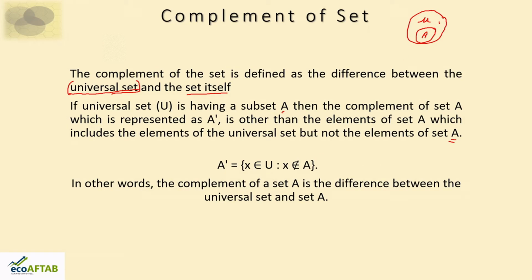It belongs to U, but it does not belong to A. So any element that is in the universal set but not in set A becomes the complement of A. In other words, the complement of set A is the difference between the universal set U and set A, U minus A. You'll understand it with the help of a numerical example.